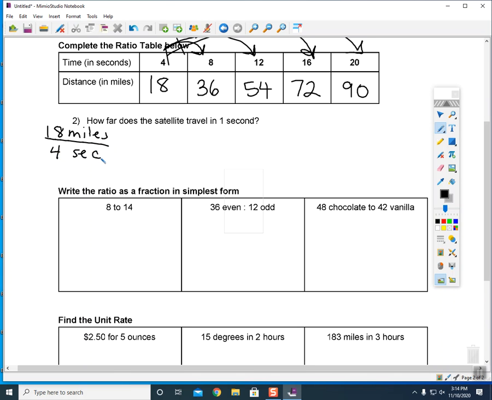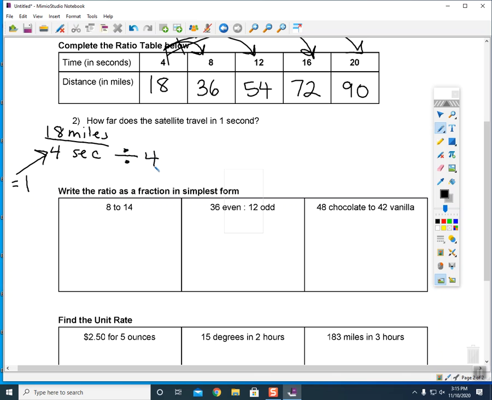So I can write that as a fraction. I want the denominator, the bottom part, to equal 1. Well, what do I need to do to 4 to make it a 1? Well, what I can do is I can divide it, right? 4 divided by 4 will give me 1.